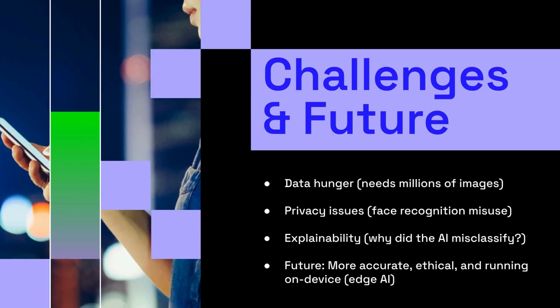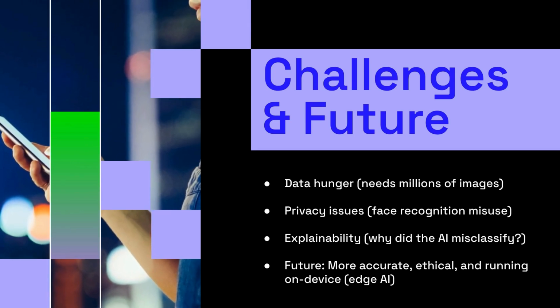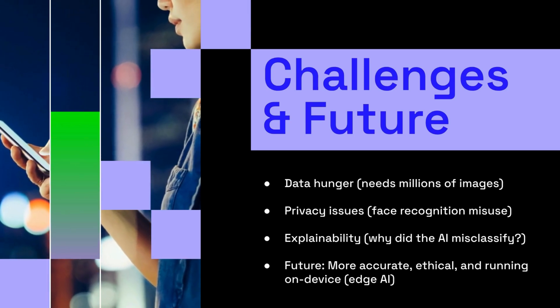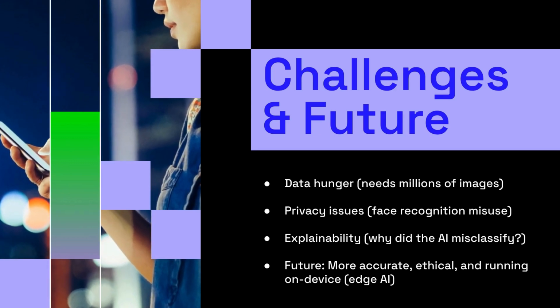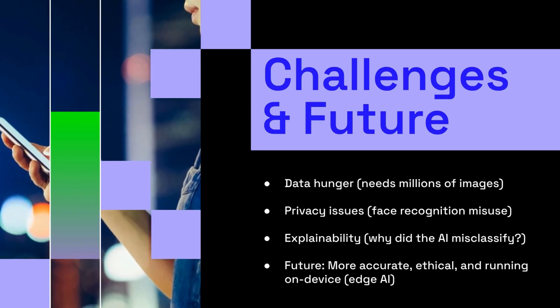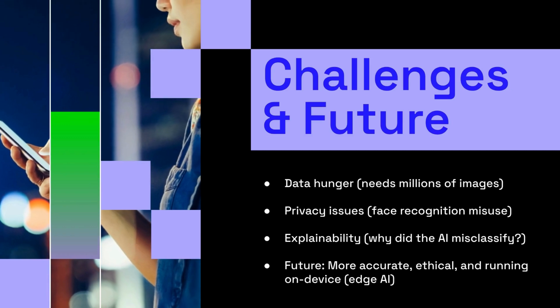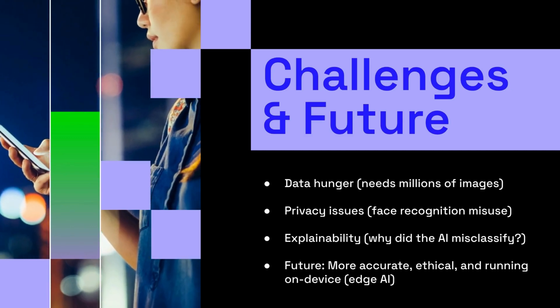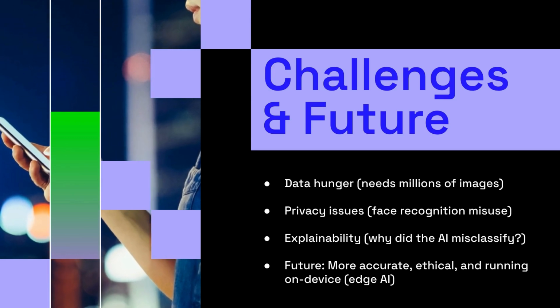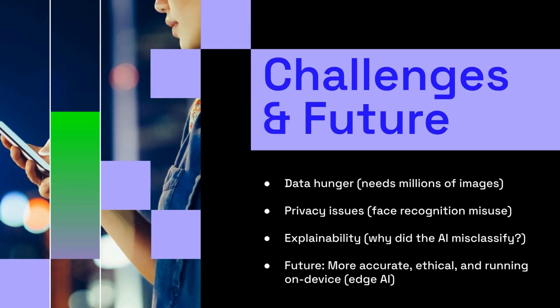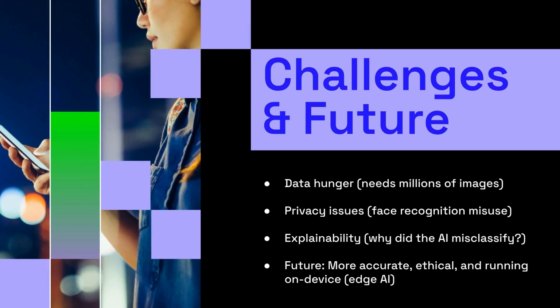Second is privacy issues, the ethical dilemma. Computer vision often uses human faces, license plates, or CCTV footage, this sensitive information. In public spaces, facial recognition systems can identify people without their consent, raising serious privacy and surveillance concerns.